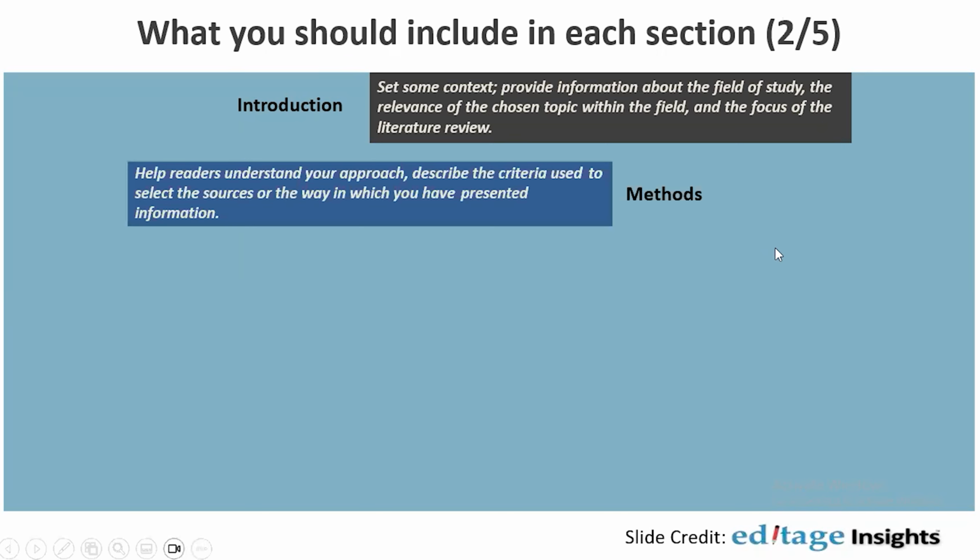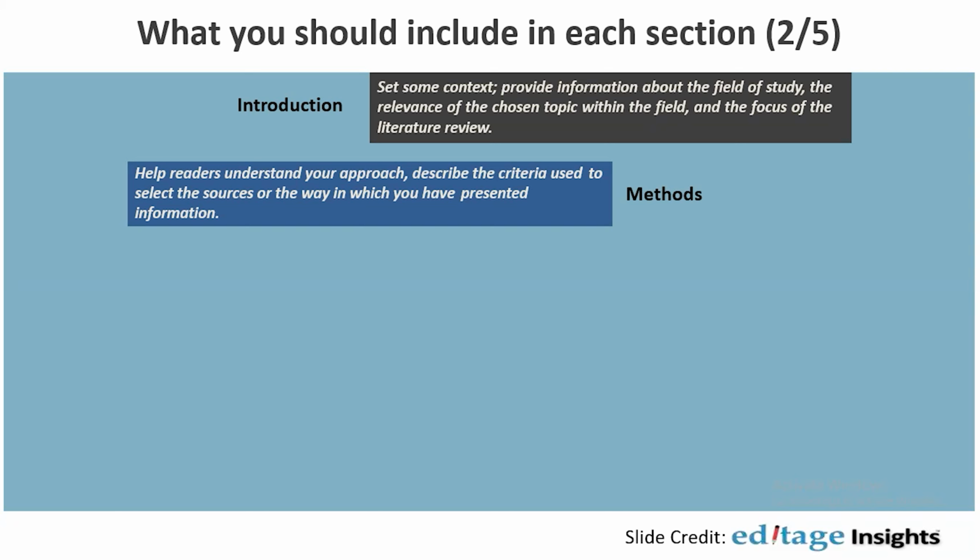So that will be the introduction, and in the method, you should help the readers understand your approach, describing the criteria used to select the sources or the way in which you have presented information. It is important to say that I have considered only the literature connected to my topic, and also mention the topic.